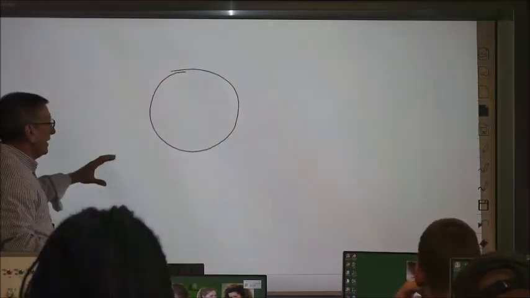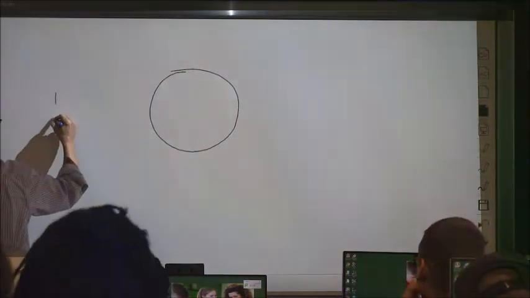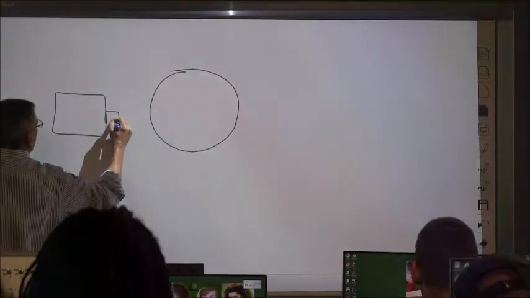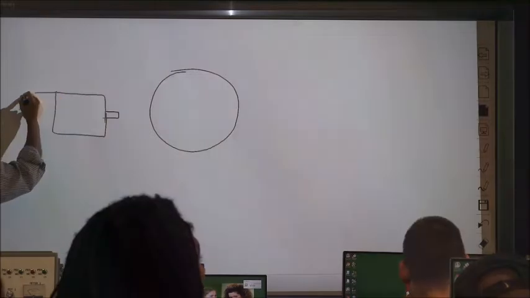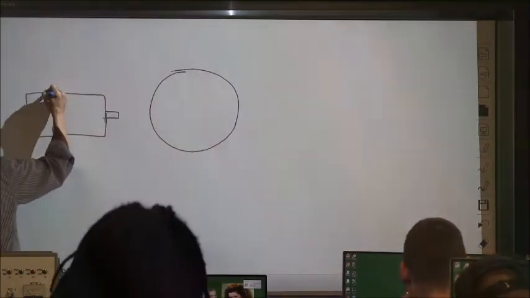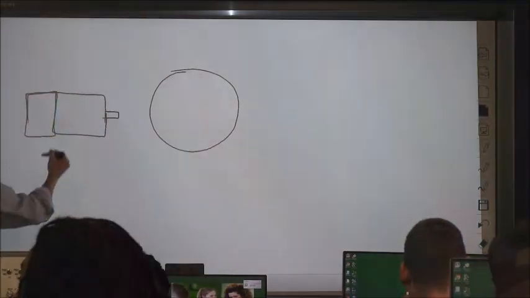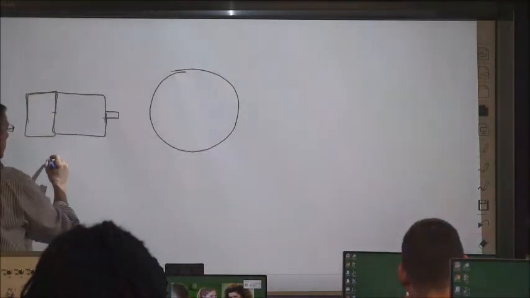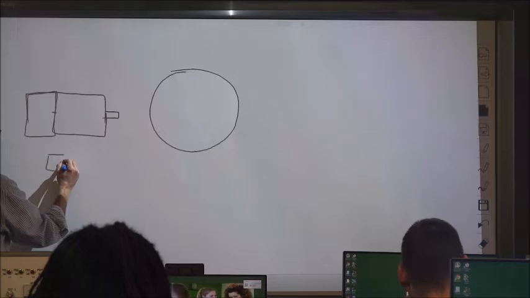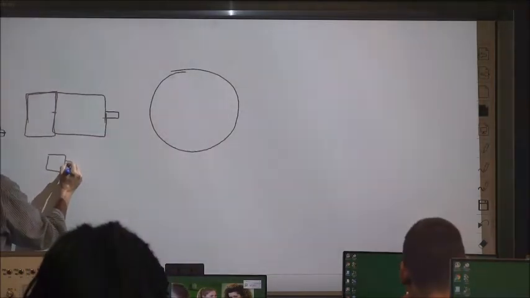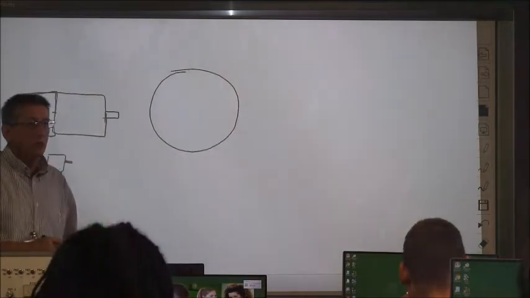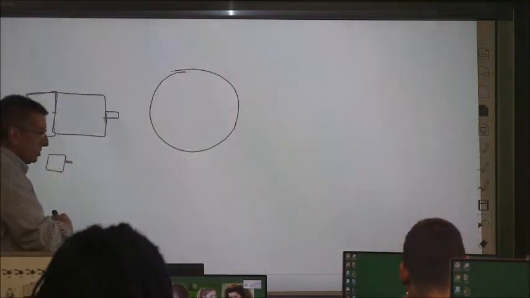So the encoder, here's a motor. Generally the encoder is mounted on the back side of this motor, and there's a small shaft coming out. This encoder looks like a small little motor itself, kind of, but it's a generator, is what it is, and it's generating pulses.